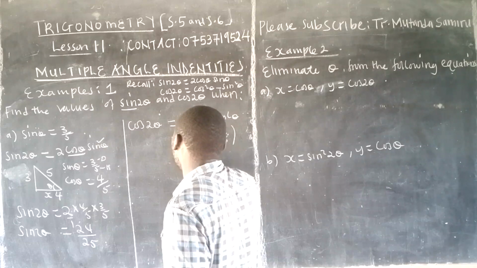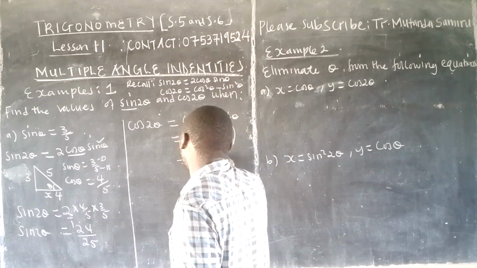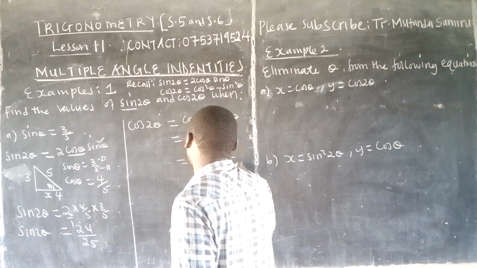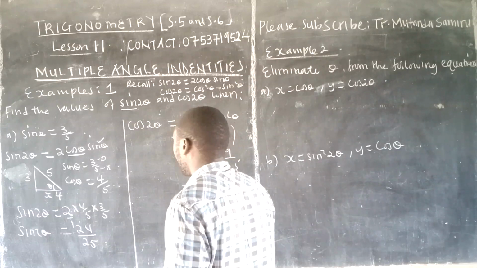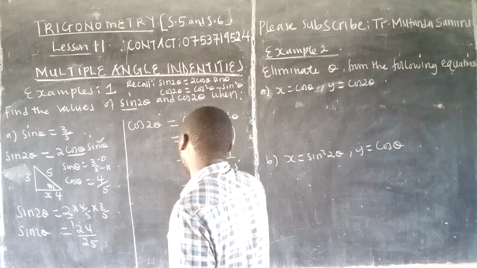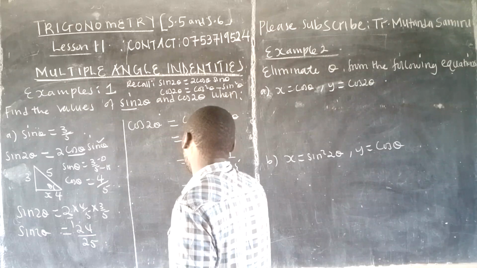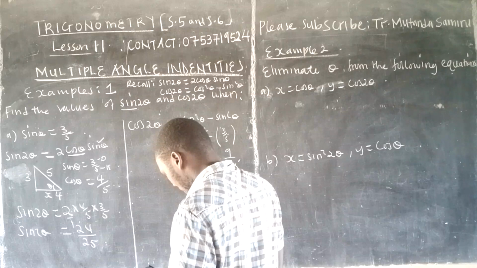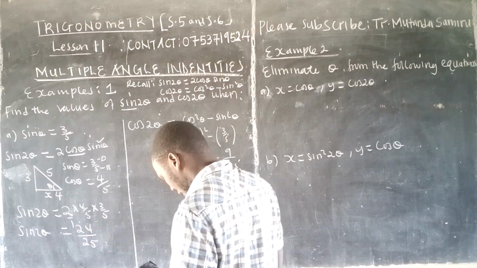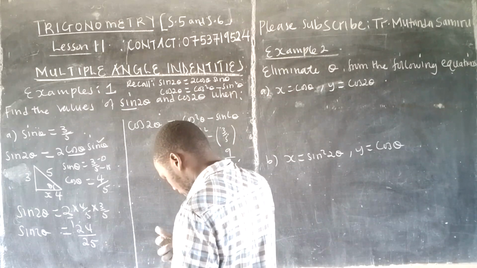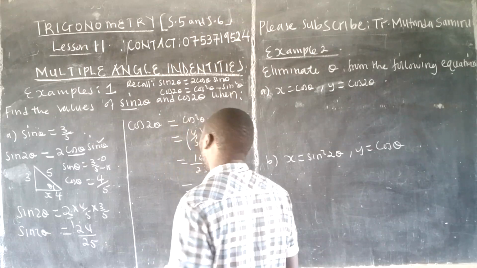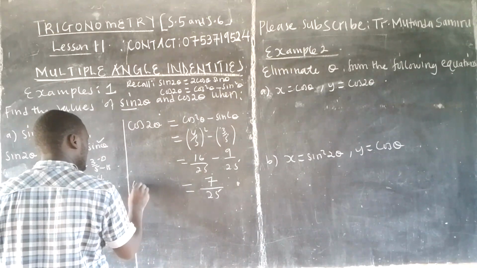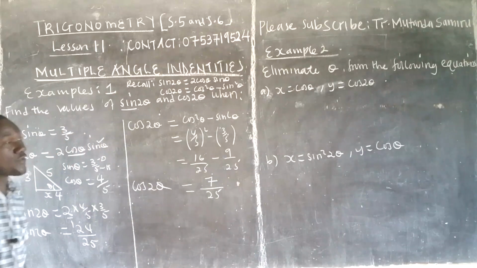And now this will be 16/25 minus 9/25. What will be the final answer? That will be 7/25. So 16 minus 9 is 7/25. So cos 2 theta is equal to that.